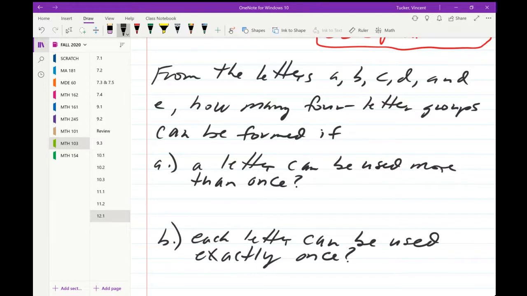All right. So from the letters A, B, C, D, and E, we've got 5 letters here. How many 4-letter groups can be formed if a letter can be used more than once, and if each letter can be used exactly once?